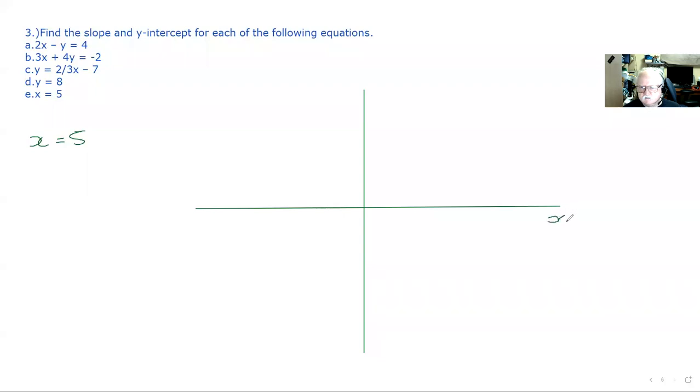We have x and y. X equals 5. 1, 2, 3, 4, 5. And if x equals 5, it doesn't matter what y equals. X just equals 5. That's what they're telling us.